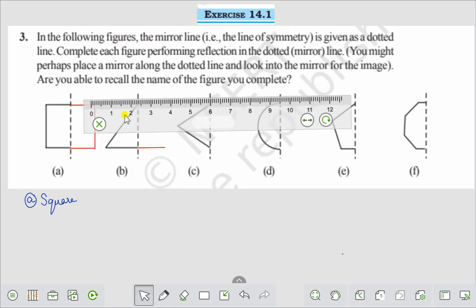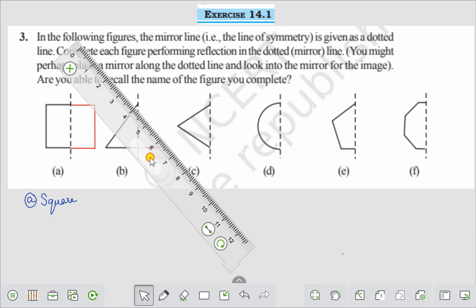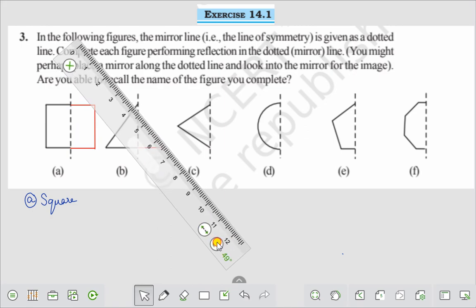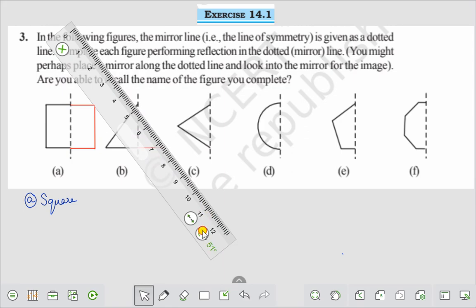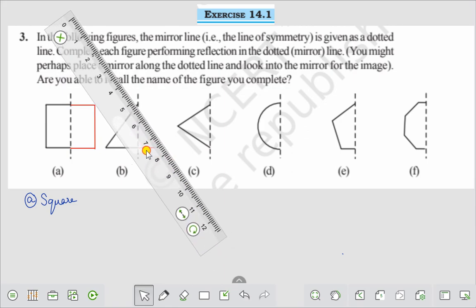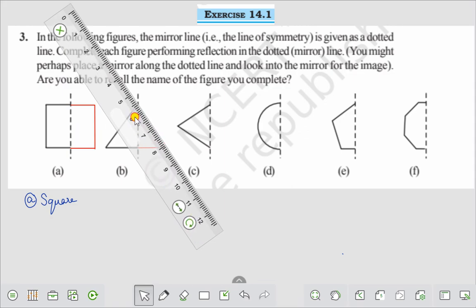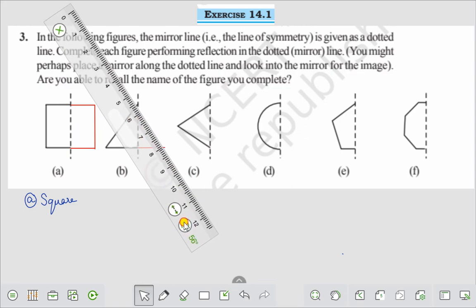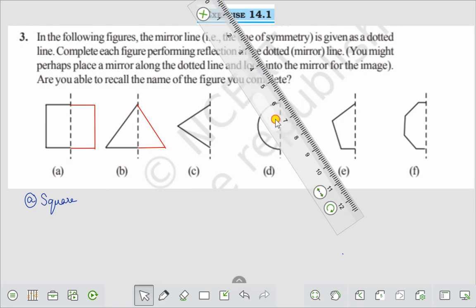Now if you complete this one, if we draw another line, here you see we got an equilateral triangle, right?